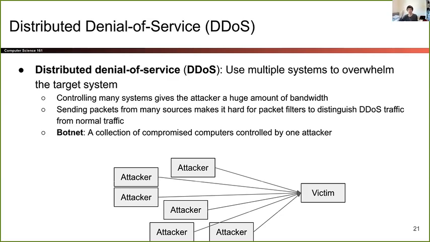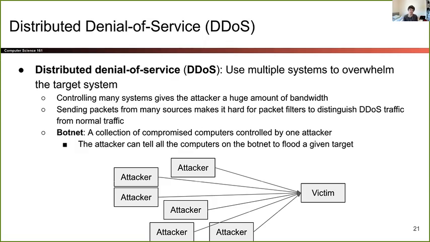Once it receives this command, it will start sending a bunch of data to a single computer. So now what the attacker can do is send a command saying, send a lot of data to this one victim. And now this one victim is receiving data from every computer in this botnet, and its connection is probably going to be overwhelmed. All right, that's DDoS. That's sort of what most of us have heard of before.